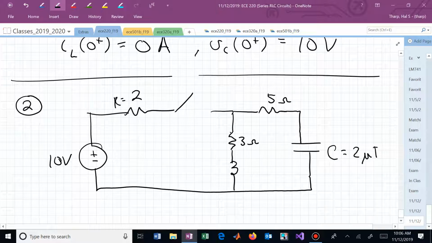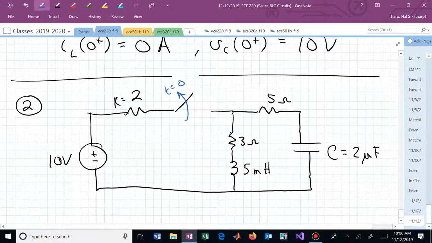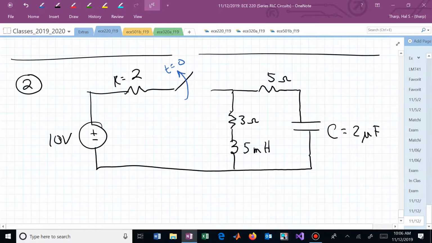Let's keep that at 2 microfarads, and this is 5 millihenries. And let's say this is opening at 0. And we want to know, oh, that capacitor in the manufacturing process was a little off alignment, wasn't it?